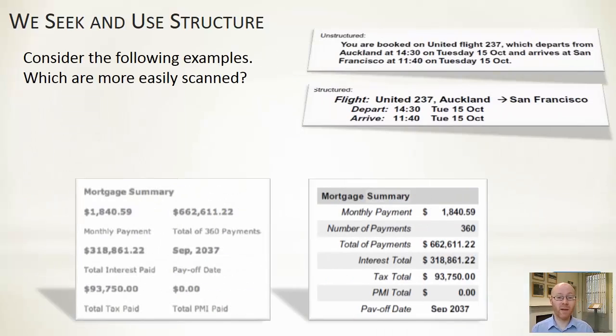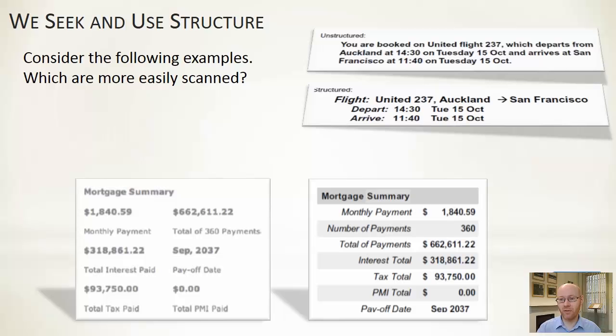I've got a couple more examples here of things which are not necessarily set out badly, but there are more effective structures for doing it. So if you have a look at the example on the top right for a particular airline flight being booked, the unstructured form is just presented as a chunk of text. It's not a large amount of text, and it's all important text.